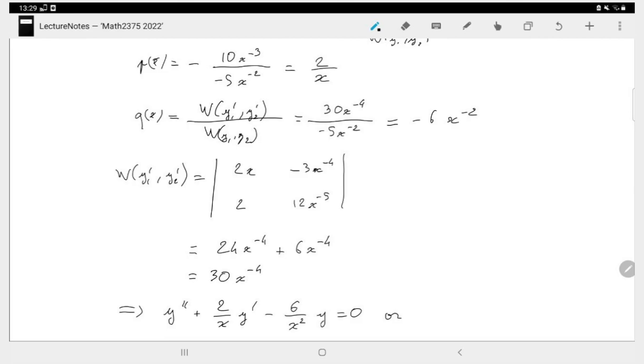I don't necessarily like to have denominators, fractions in these equations. So I can multiply everything by x squared and get x squared y double prime plus 2x y prime minus 6y equals 0. And that's going to be the equation that we'll be working with.